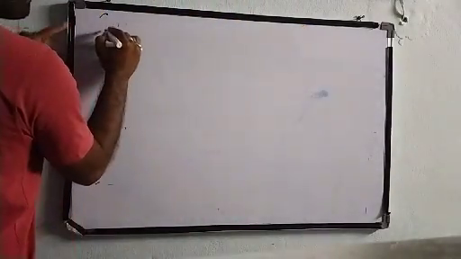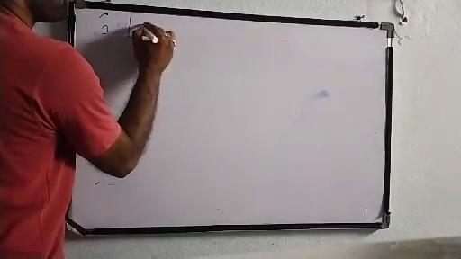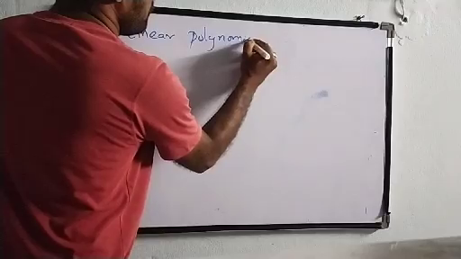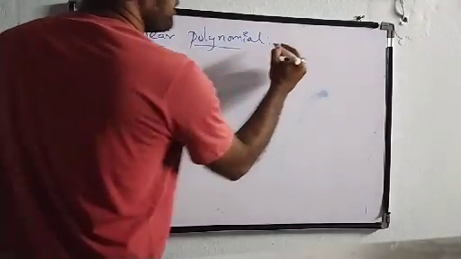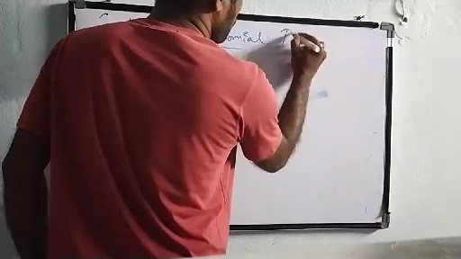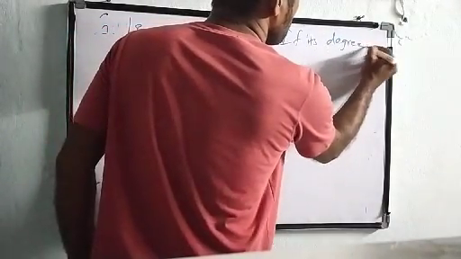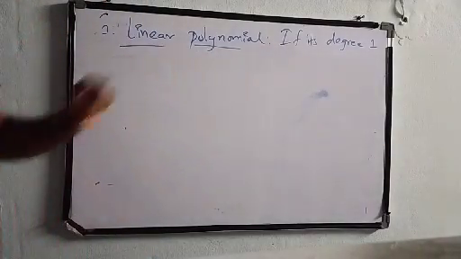The first one is linear polynomial. So a polynomial, I can call it a linear polynomial if its degree is 1. If its highest degree is 1, then I can call it a linear polynomial.